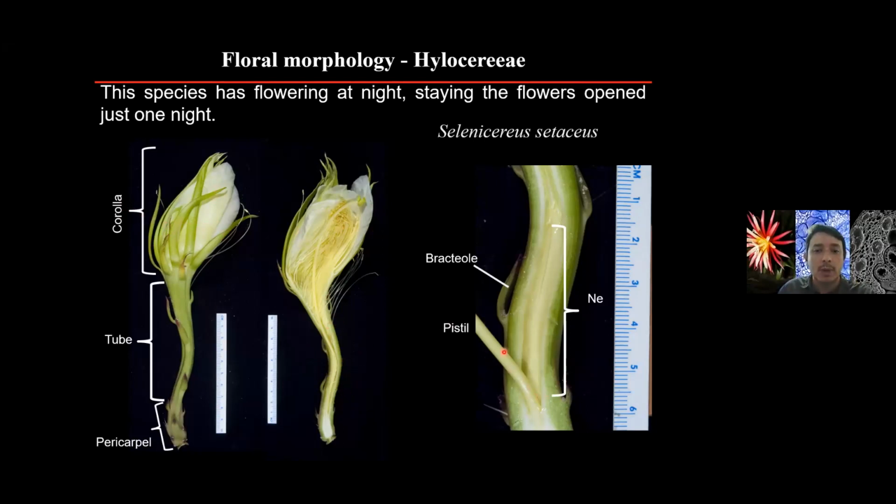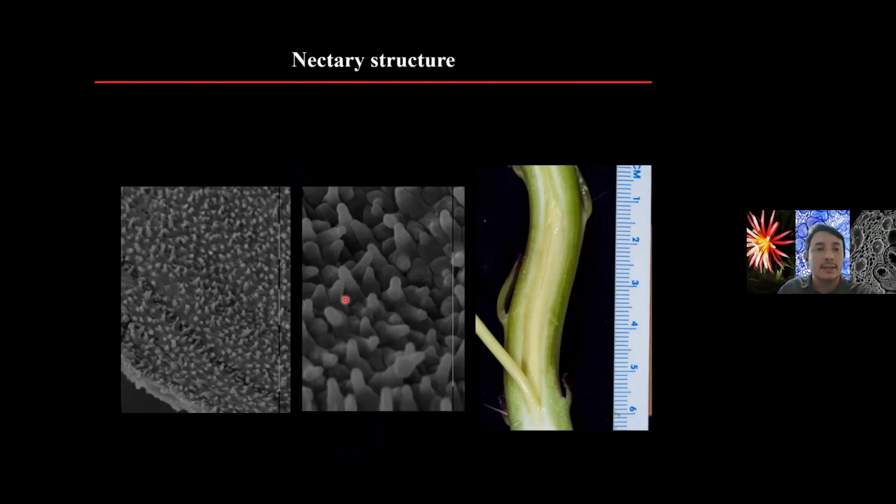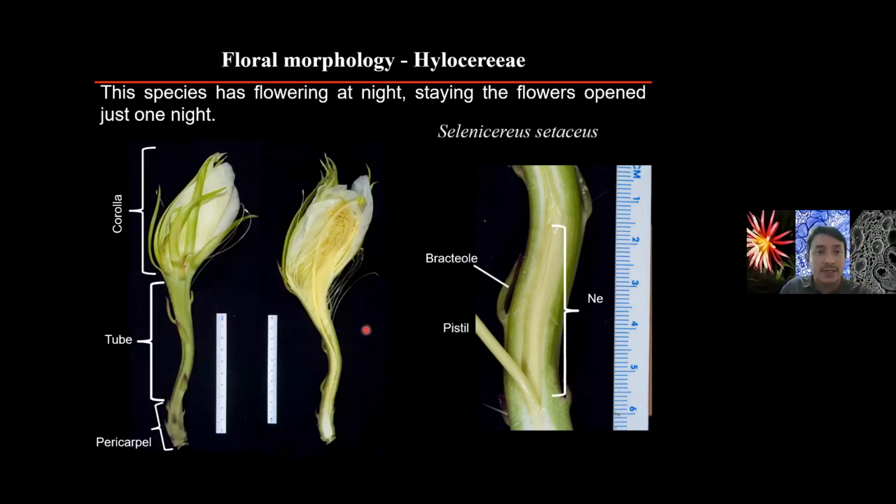This long tube has at least 2/3 of secretory tissue, the nectary, that also has trichomes and stomata in its epidermis to release the nectar. The difference from the other flower is that this flower of Selenicereus setaceus has hundreds of stamens that produce a lot of pollen grains, along with lots of nectar. Lots of nectar is any amount over 100 microliters.